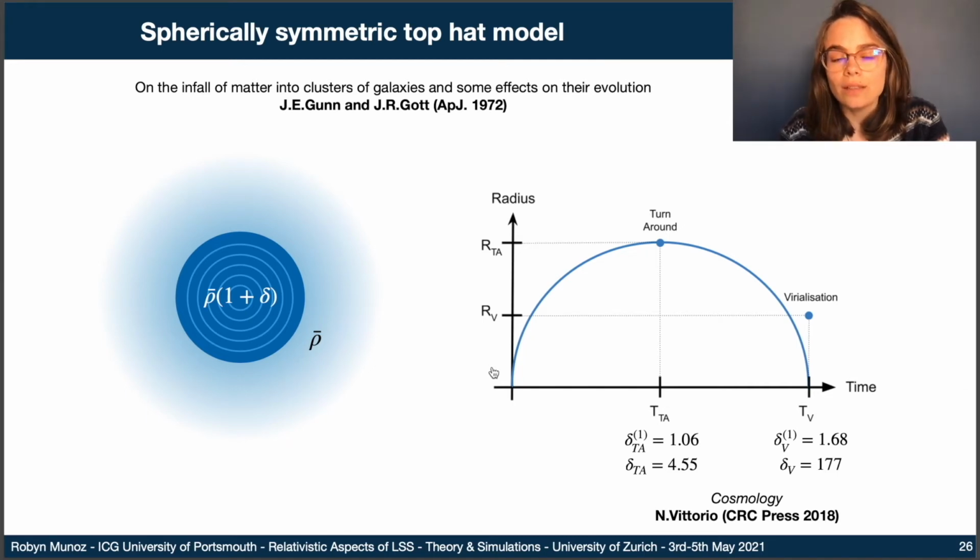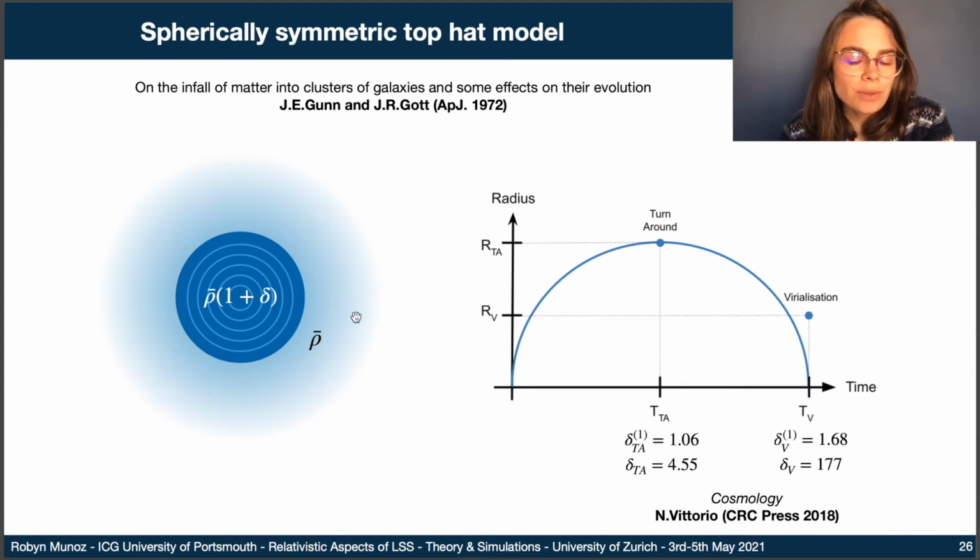So on the right-hand side, you see the radius versus time, and so the radius of this overdensity. And so initially, the radius will expand with the expansion of the universe, but eventually it will reach a maximum radius. It will reach the turnaround point. After that, the radius will decrease, and so the structure will collapse or virialize.